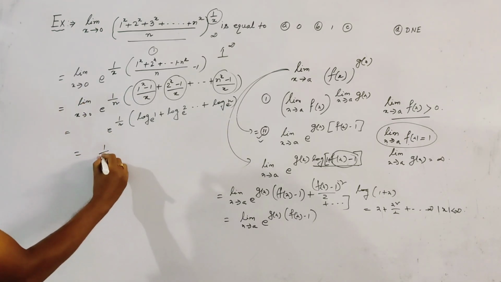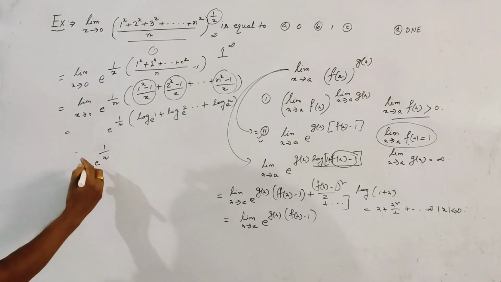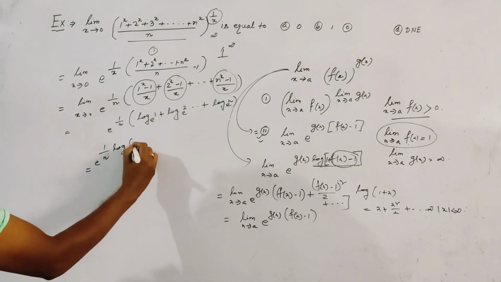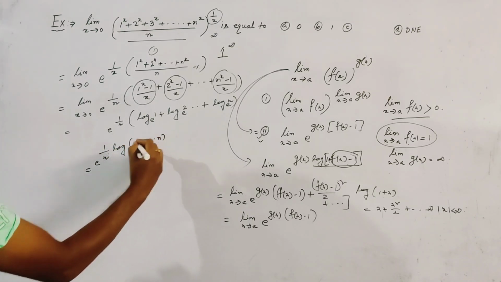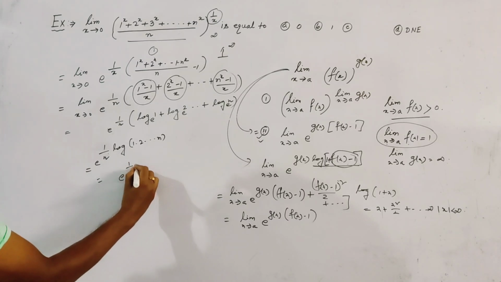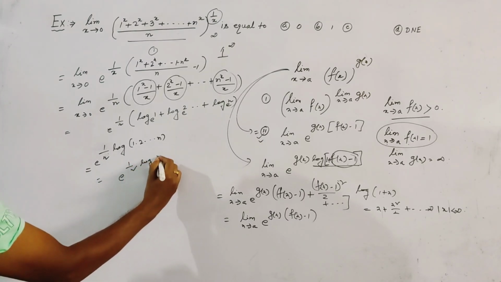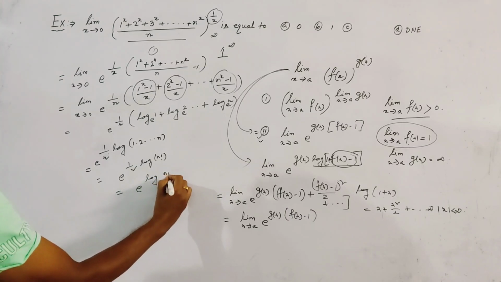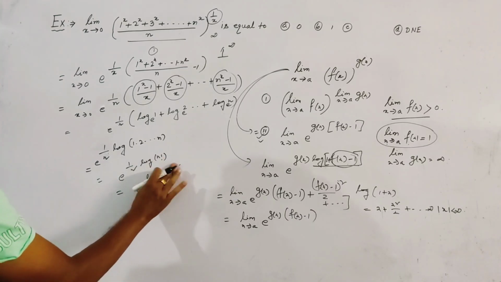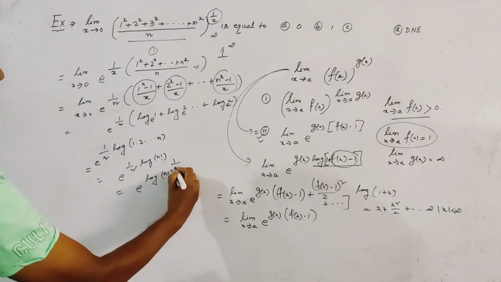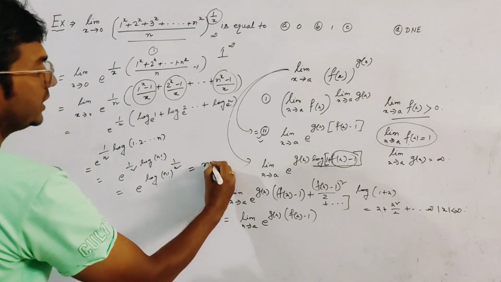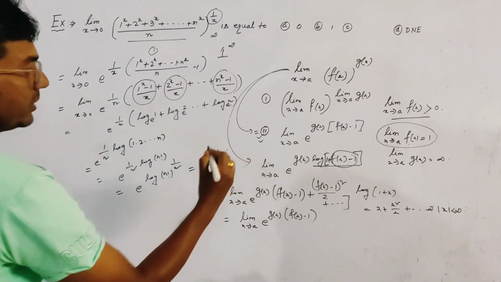So this is e to the power 1 by n into log of (1 into 2 into ... into n), so e to the power 1 by n into log of n factorial, that is e to the power log of (n factorial to the power 1 by n). So we get the limit n factorial to the power 1 by n.